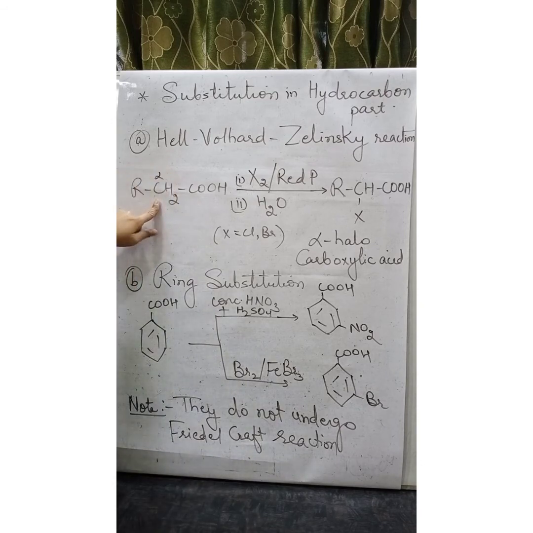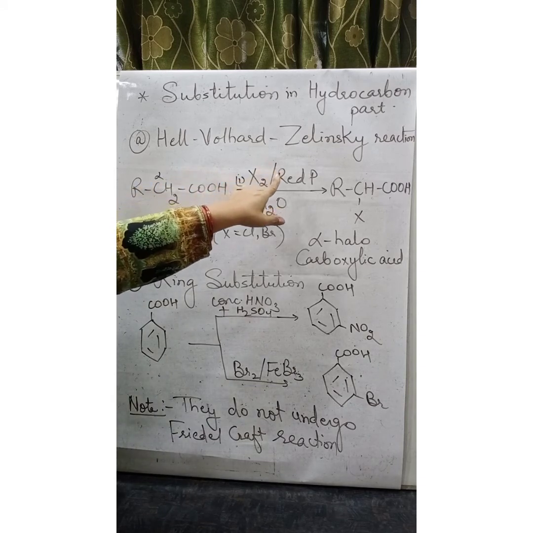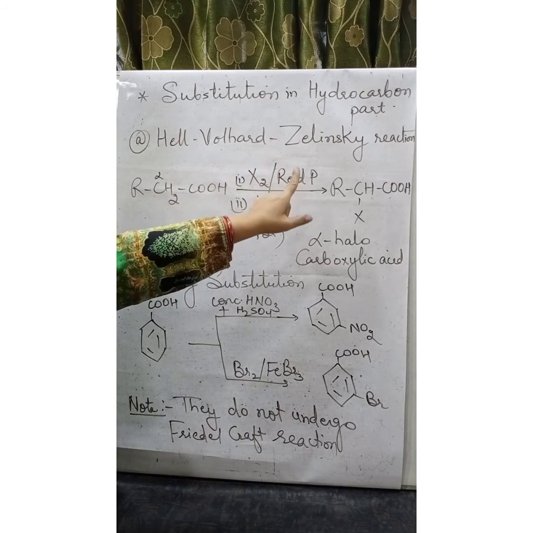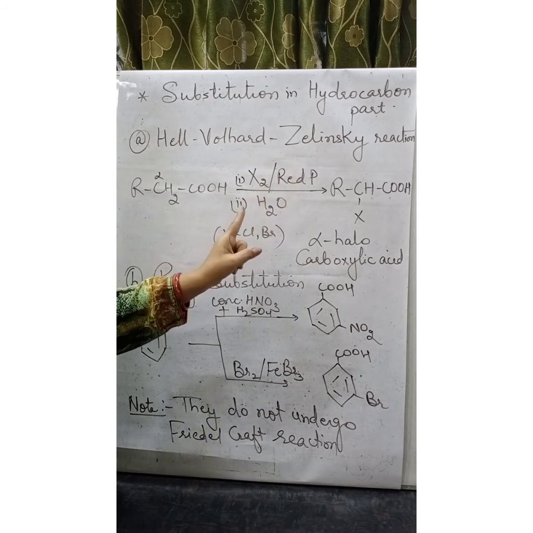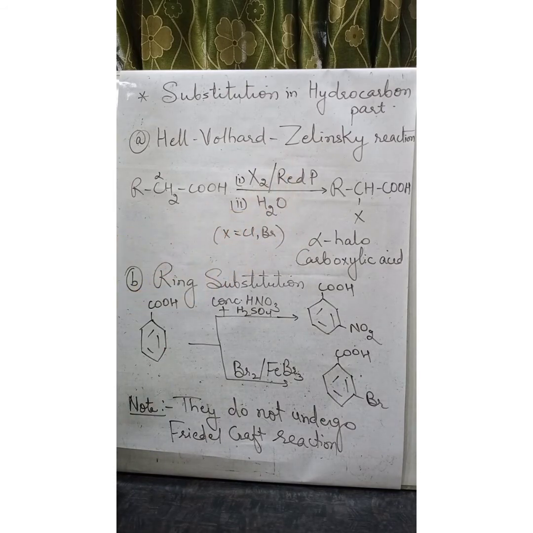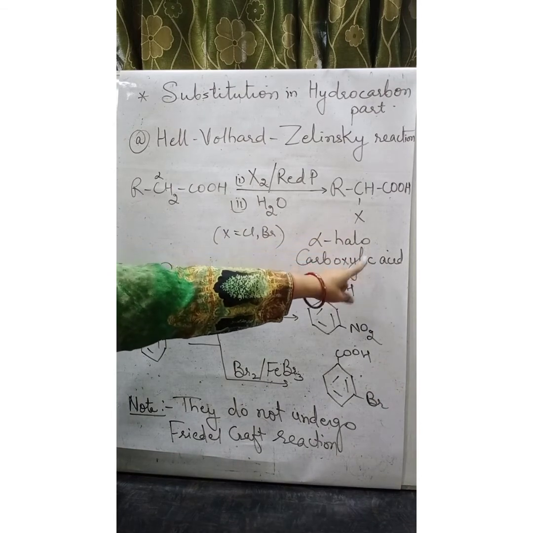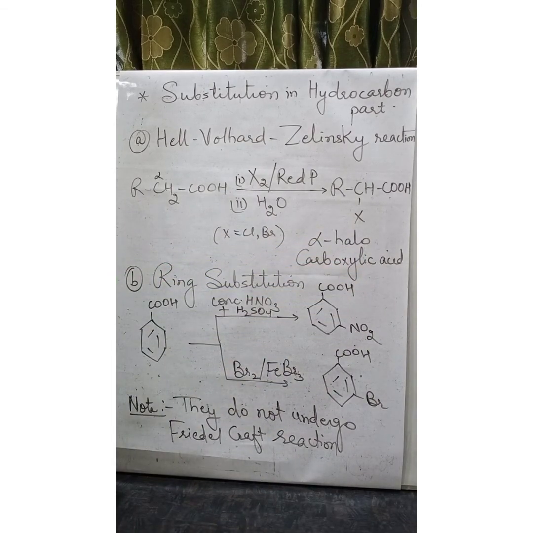So the carboxylic acids having alpha hydrogen are halogenated at alpha position on treatment with halogen in presence of small amount of red phosphorus. Halogen here is either chlorine or bromine to give alpha halocarboxylic acid.